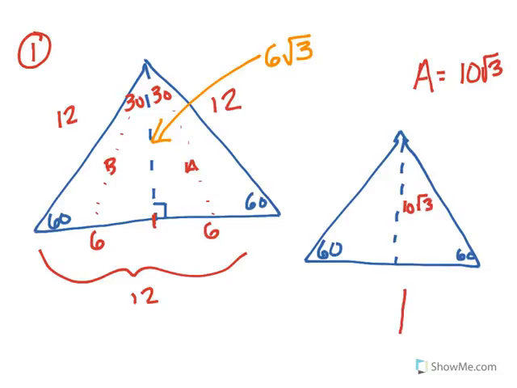And if I were to imagine this being a single 30, 60, 90, I'm going to go to the middleman, the little leg, and I'm going to take that radical 3 off. And it's going to be 10. So here's a 10, and here's a 10, because both of these triangles are equal. So if one right side has a 10, the left side has a 10.